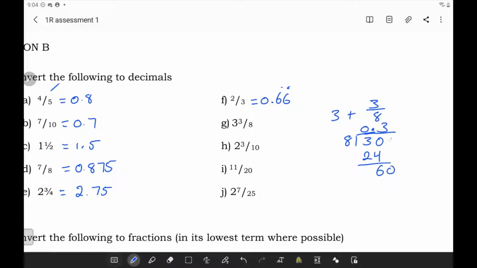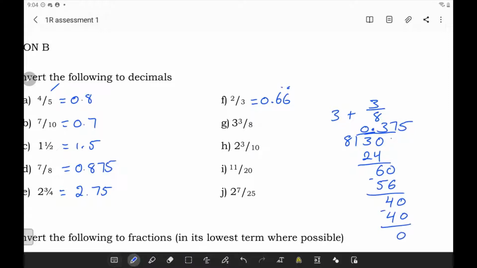Add a 0. 8 into 60 is 7. 7 8s are 56. My goodness, 56. Subtract, 4 for the 0. 8 into 40 is 5. And we ended there.